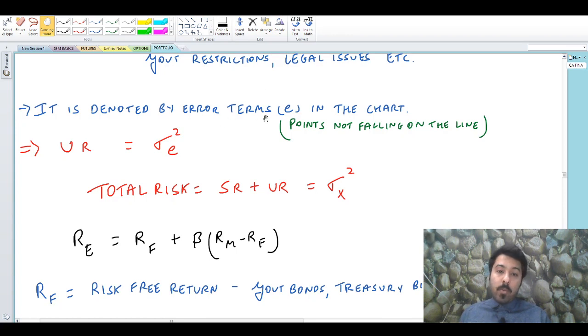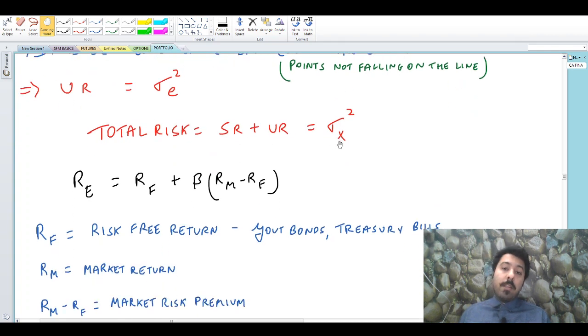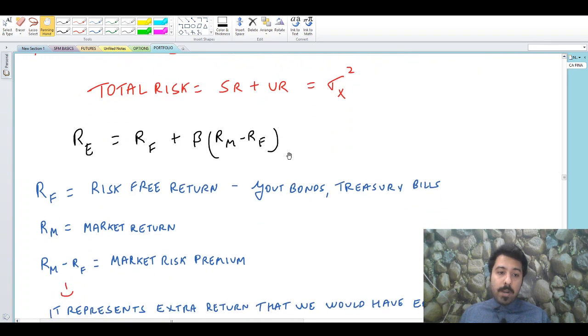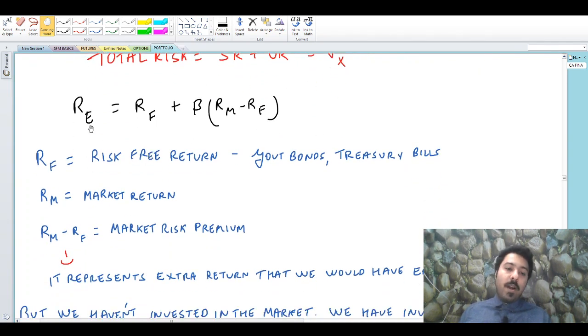Those are captured through error term, sigma square e. Okay, total risk equal to systematic risk plus unsystematic risk, that is equal to sigma square x, variance of x, right? And your favorite formula, CAPM, Re equal to Rf plus beta into Rm minus Rf. I'll explain the error terms thing in a chart later on when we study characteristic line. Okay, don't worry about that.